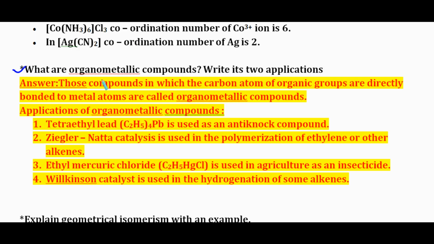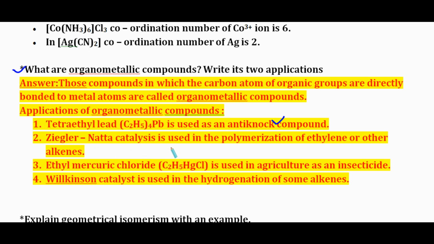Next question. What are organometallic compounds? Write its two properties. Those compounds in which the carbon atom of organic groups are directly bonded to the metal atoms are called organometallic compounds. Applications of organometallic compounds: tetraethyl lead, Pb(C2H5)4, is used as an anti-knock compound.